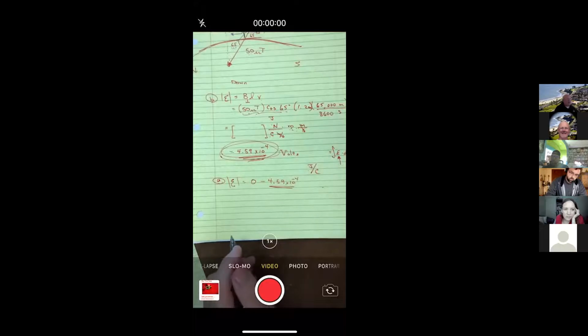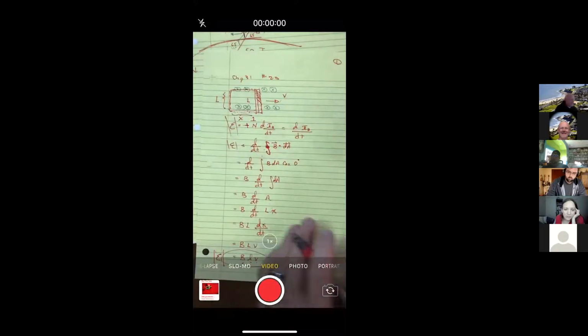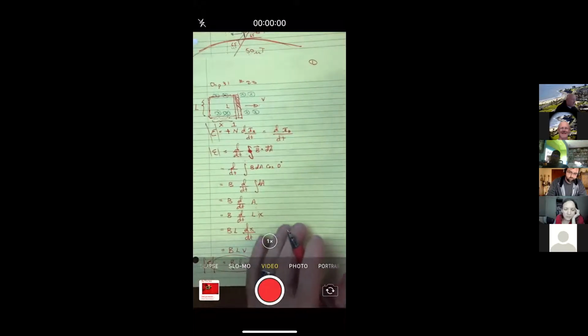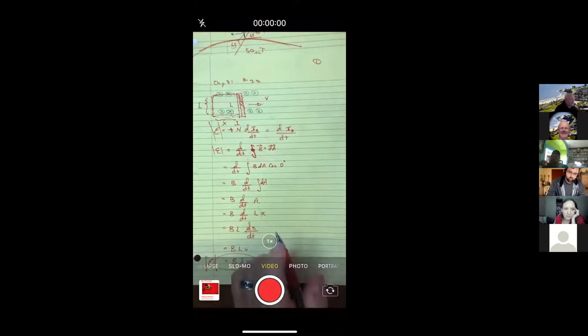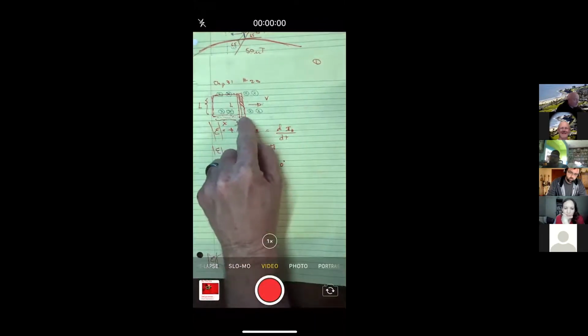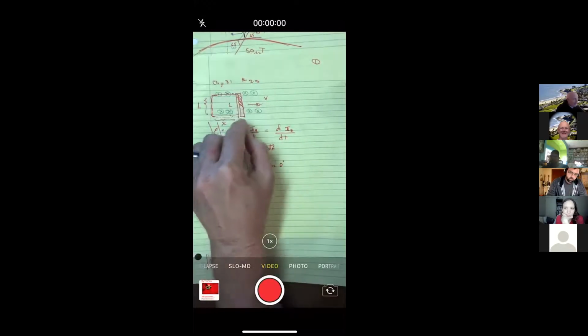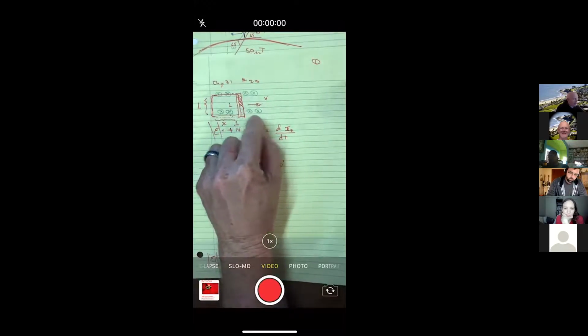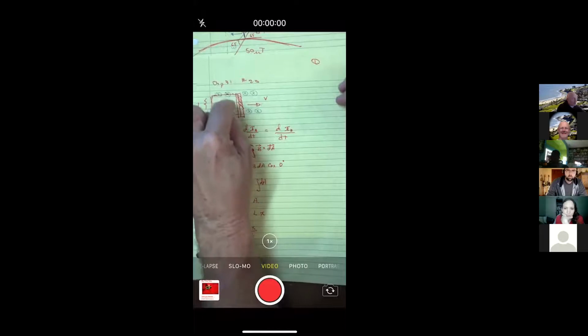But now I've got the other question: is it east or is it west? And so let's come back to here. There's a couple ways we could think of it. If we come back here and do Lenz's law, with the magnetic field going in, as this moves out, there would be more and more flux going in.